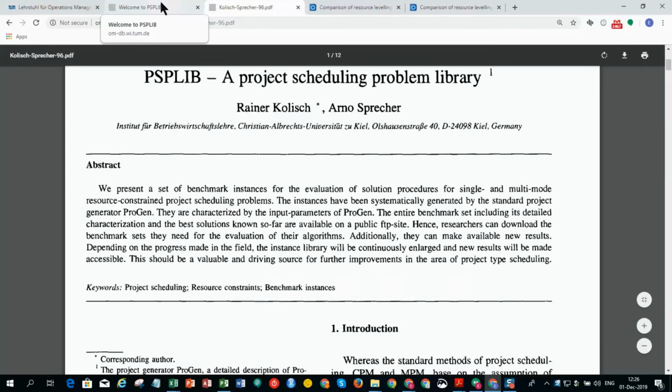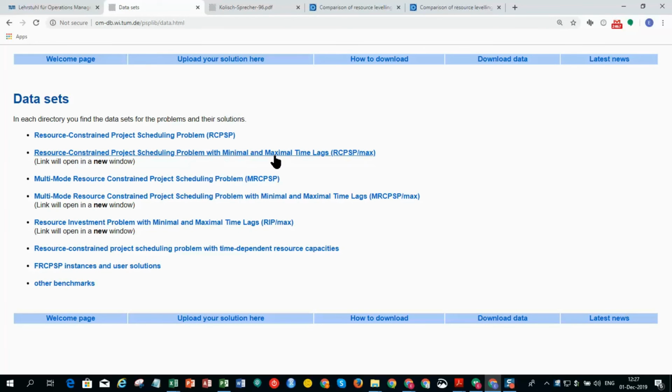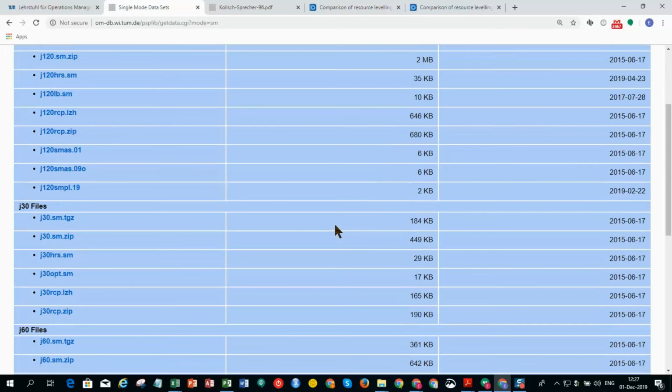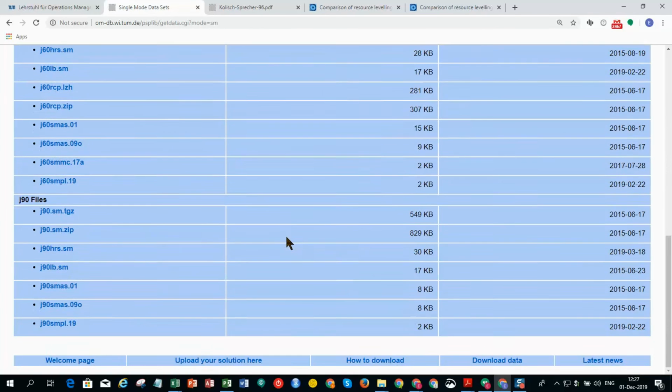If you go to the download section of the library, you can see that it has several sets of problems. For instance, the J120 series of problems consists of problems with 120 activities in each. The J30 series of problems consists of problems with 30 activities in each, etc.